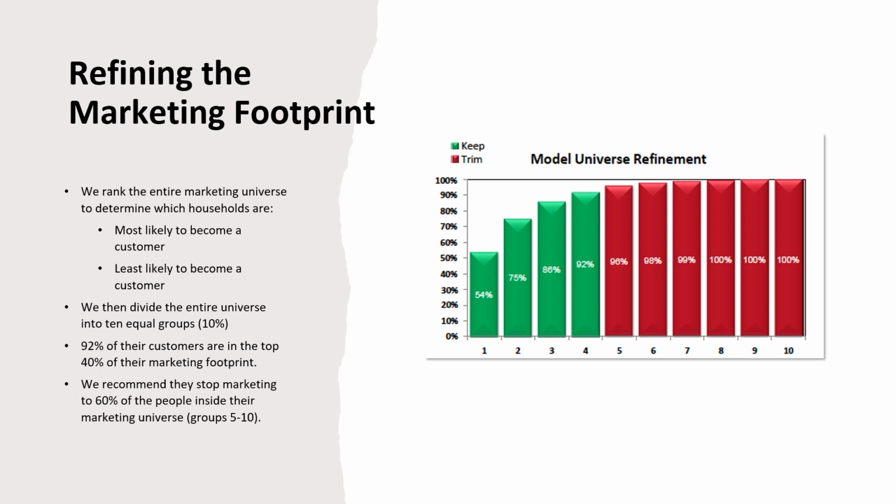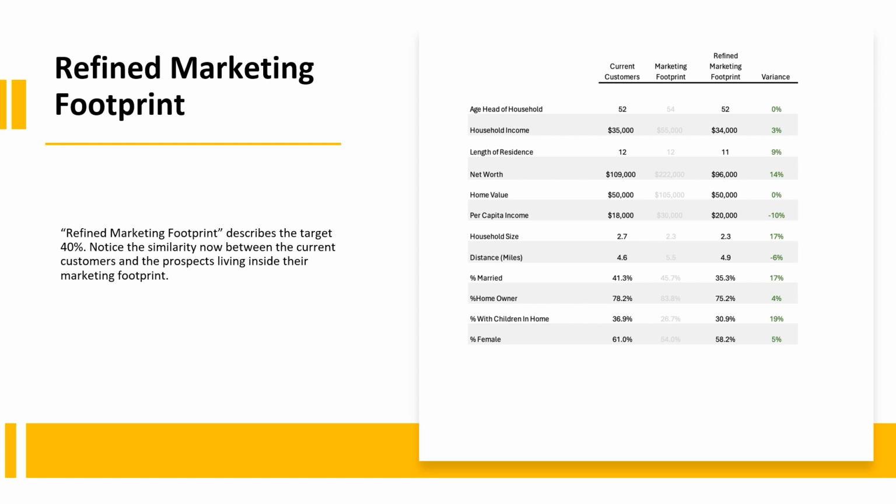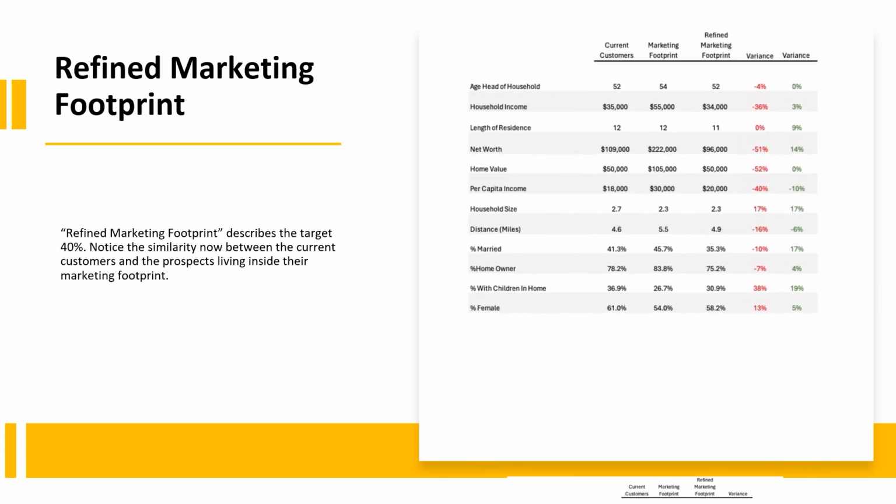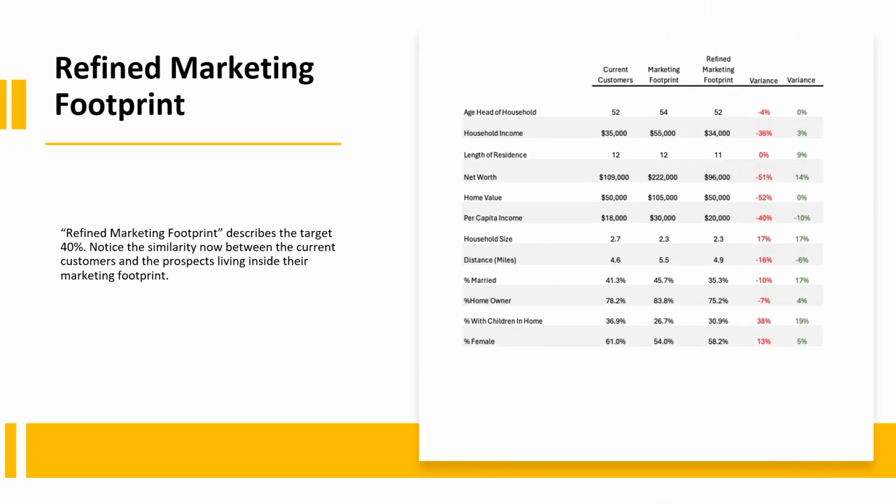Looking at that in another way, only 300,000 of the 750,000 households are households we should be marketing to. This means that 450,000 households are not good targets for ABC Finance Company. Now that we've removed the portion of the households where our marketing efforts would be wasted, we can see that our refined marketing footprint looks much more like our existing customers.